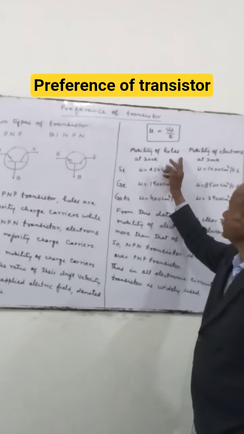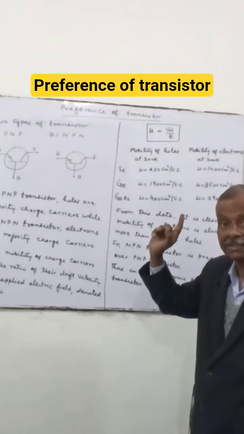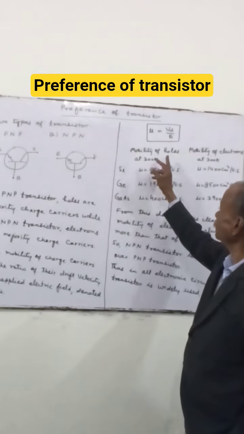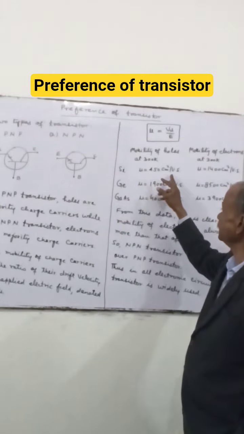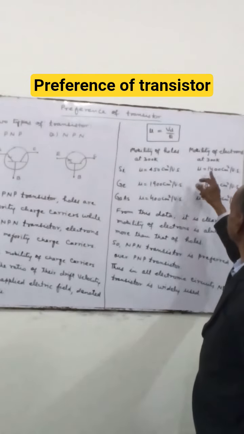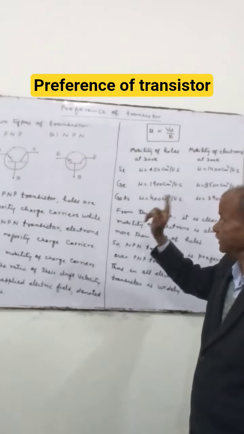So this is the mobility of holes and the mobility of electrons at the temperature 300 K, that is, room temperature. For silicon, the mobility of holes is 450 centimeter square per volt second, and that of the electrons is 1400 centimeter square per volt second.